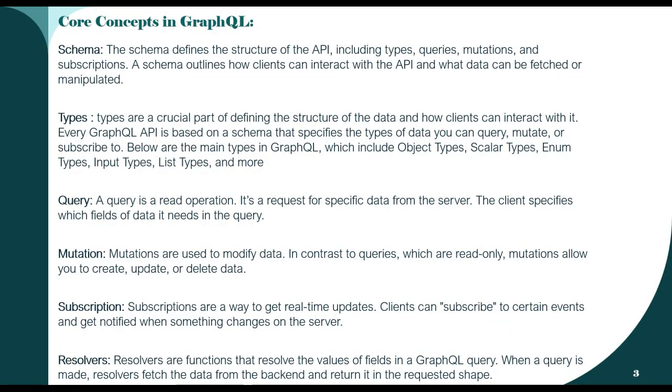If you check the main kinds of types in GraphQL, they include object types, scalar types, enum types, input types, list types, etc. These are required as a critical part of defining the structure of the data.